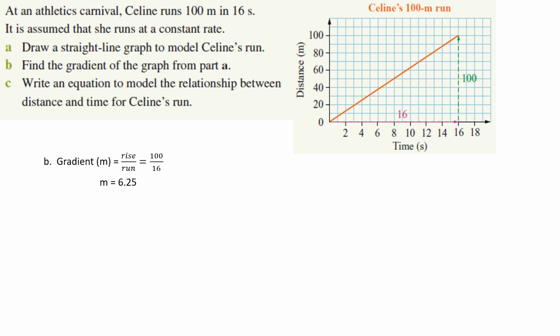Okay, so our dependent variable is distance, and we're going to call that D. Our independent variable is time, and we're going to call that t.